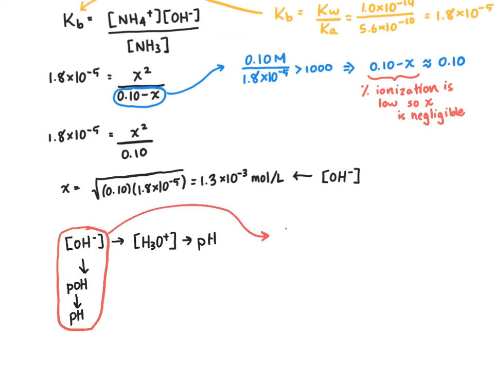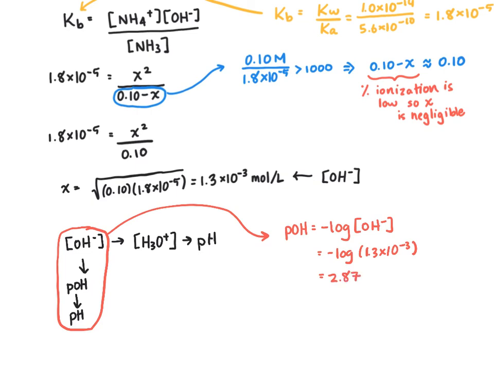So I'm going to find first pOH is going to equal negative log the concentration of hydroxide. So negative log of 1.3 times 10 to the minus 3 moles per liter. And I get 2.87.